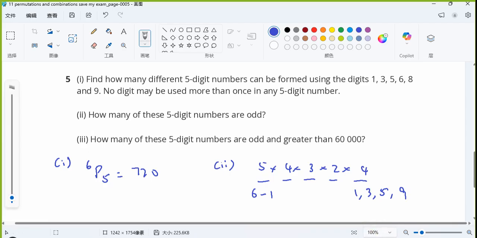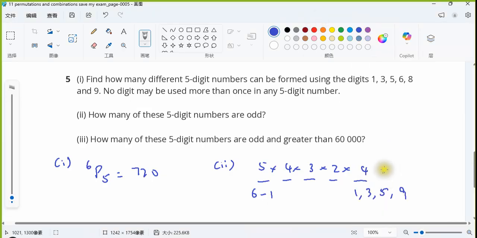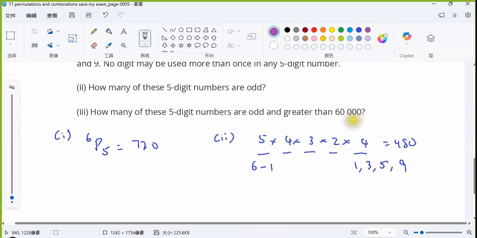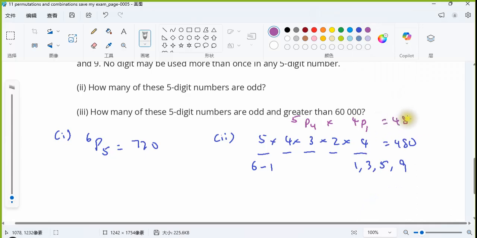So we have 5 times 4 times 3 times 2 times 4, then it's 480. So this is actually 5P4 times 4P1, which is 480.